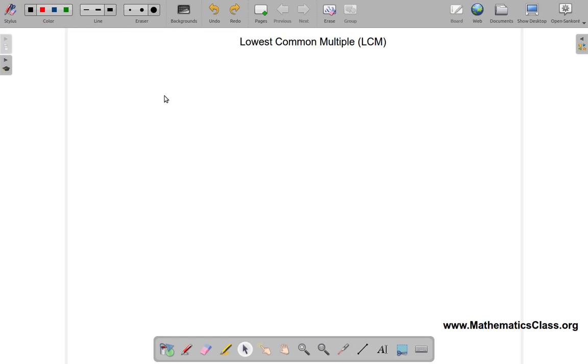We saw earlier what our multiples were. Now let's look at what is called the lowest common multiple, the LCM. Now if you have two numbers, the common multiple means that that multiple is a multiple of both numbers.